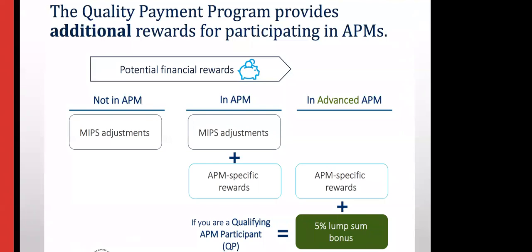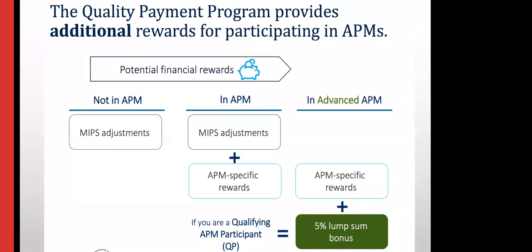If you go into an APM, you can have a MIPS APM, and this gets a little more jumbled here, but in a MIPS APM, you still are required to go according to the MIPS adjustments. But if you begin to do downside risk, then you move out of that into an advanced APM. In that case, you'll get your 5% lump sum bonus plus any rewards that you could achieve by participating in the cost savings and quality improvement initiatives.